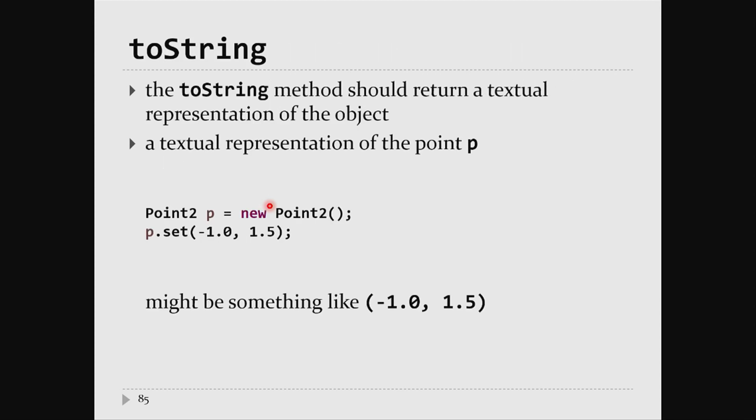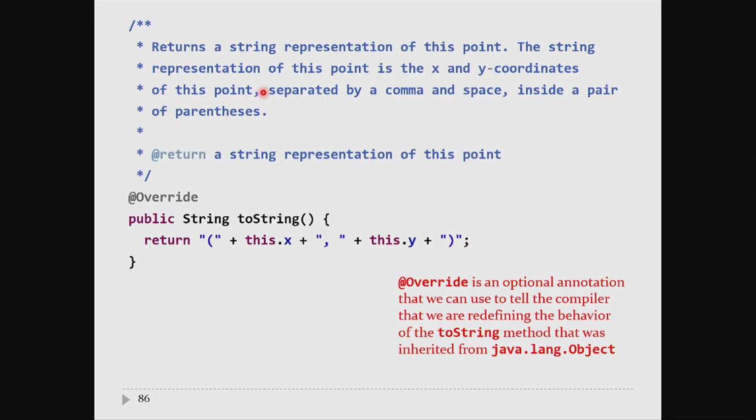I want to replace that version so that I get something like that. Up here it says toString should return a string representation of this point: the x and y coordinates of the point, separated by a comma and a space, inside a pair of parentheses. That's the contract that I have to satisfy inside this method.